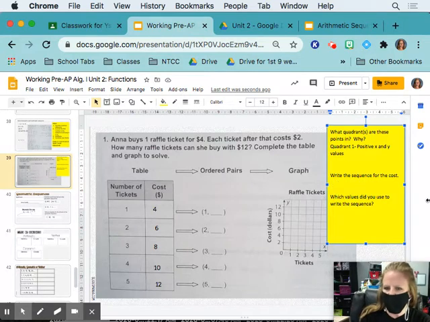And then write a sequence for the cost. What would the sequence be? Sequence is just your numbers. So it'd be 4. And then what's the next number? 6, 8, 10, 12.